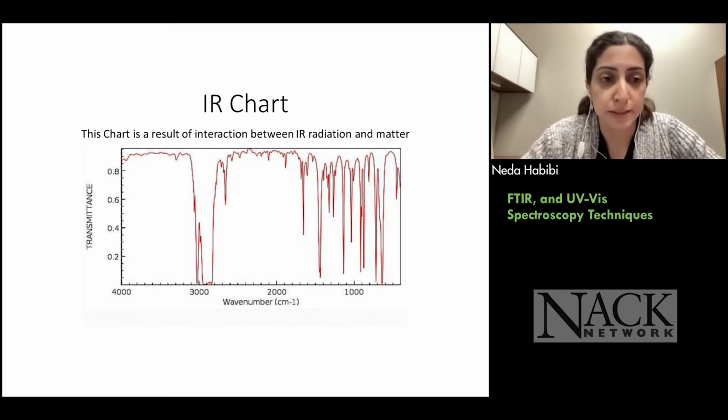And transmittance is, once that bond absorbs a fraction of that IR radiation, we're not having 100% transmittance. So in that area, we have a peak that we can recognize and analyze.